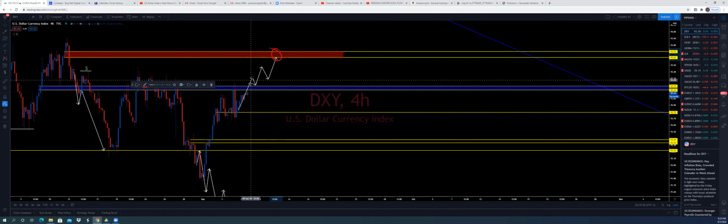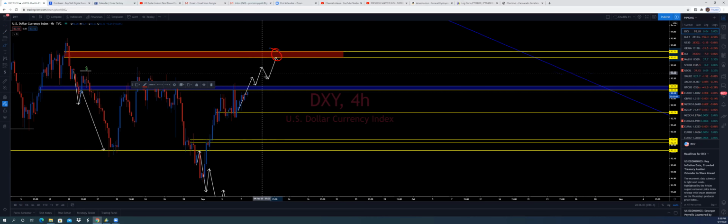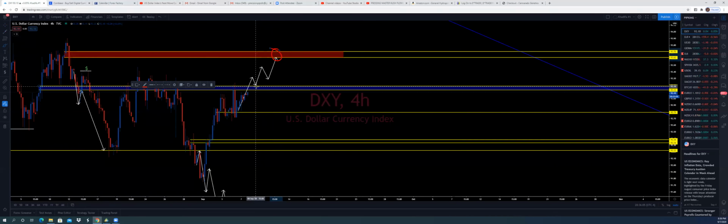You need to see price break this structure, retest it, respect it, and hold this structure, and then we can look for the dollar to buy up to this next price level, which is 93.62, 93.70.